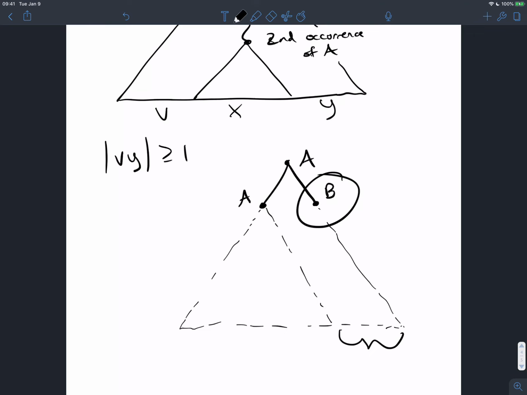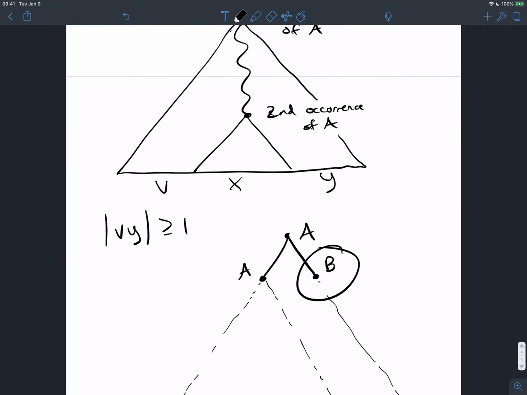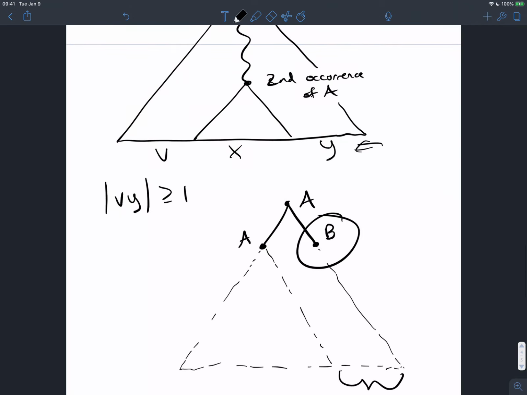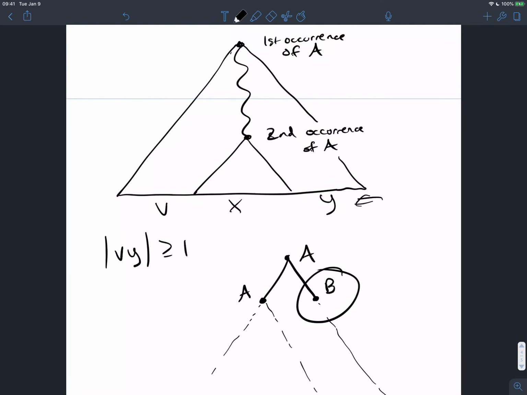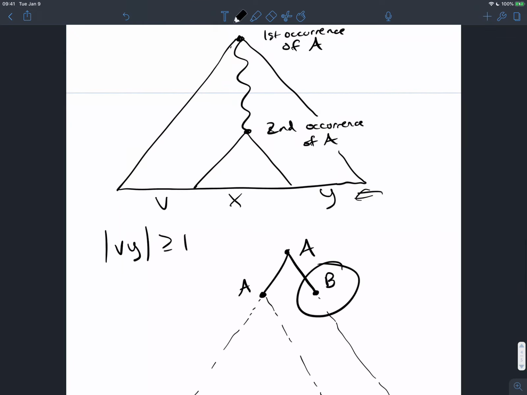Yeah? Can you explain that again? I'm quite clear why. Yeah, so we're just trying to say something about the VXY parts, right? So what we said is, if we look at the first occurrence of A, then it can't coincide with what the second occurrence of A makes, because the first occurrence of A can't make the empty string, right?